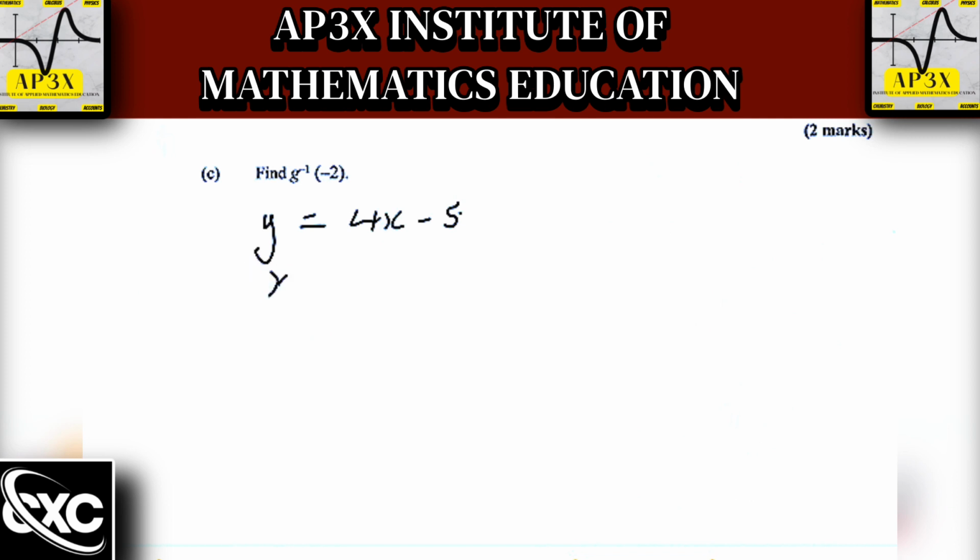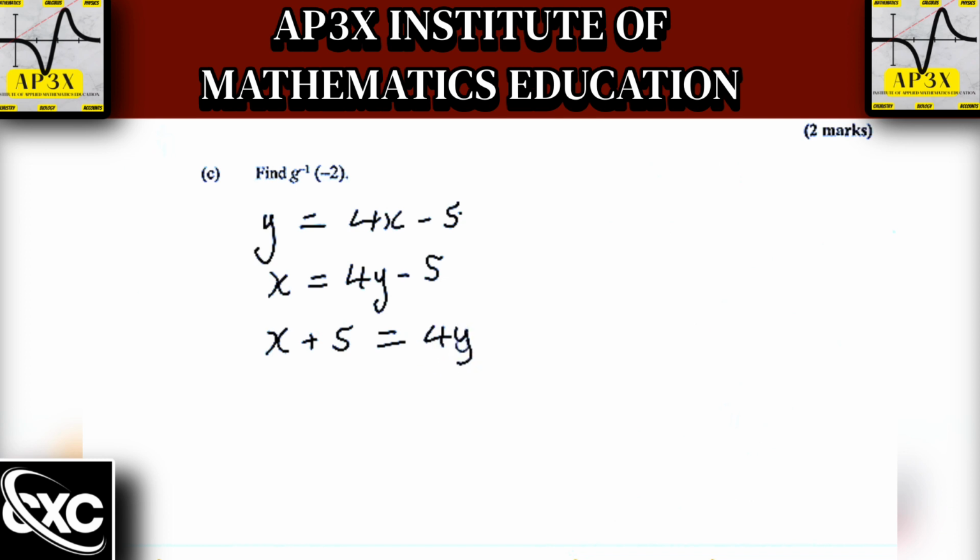So we let y equal the g function. We're going to interchange x with y. So that's going to be x equals 4y minus 5. Then we're going to isolate y. I'm going to add 5 to both sides, or just transpose negative 5. I'm going to get x plus 5 equals 4y.